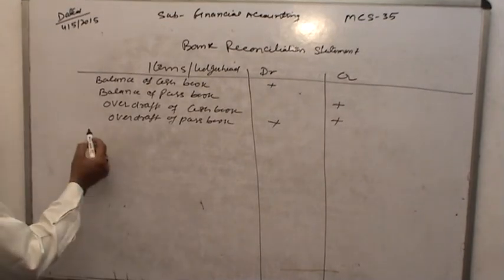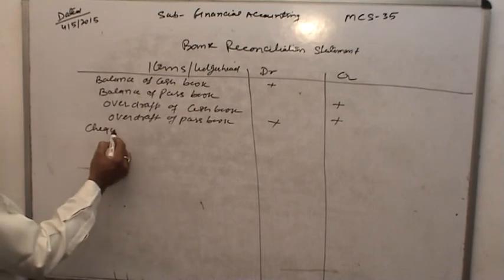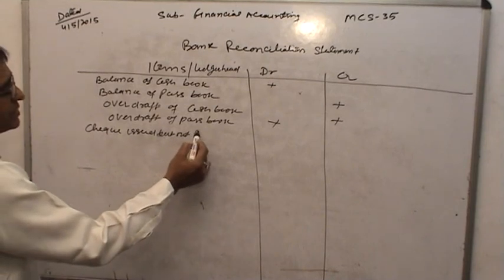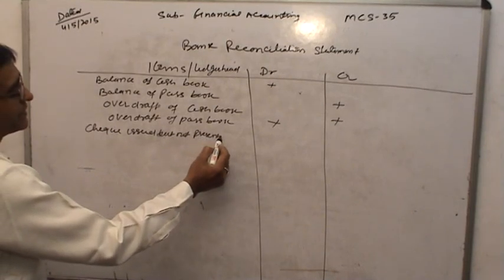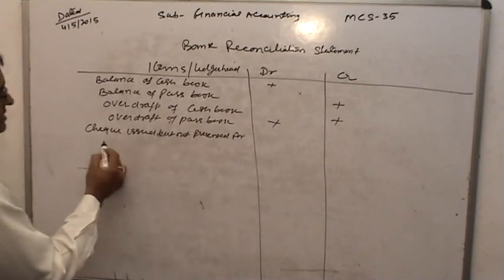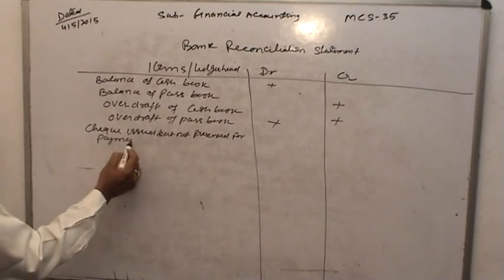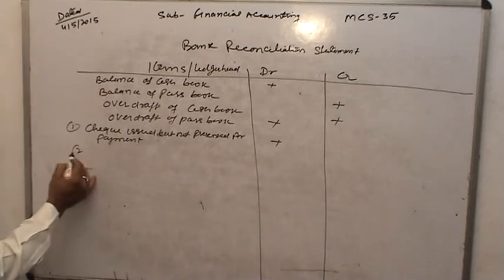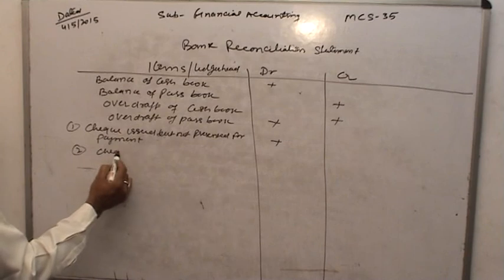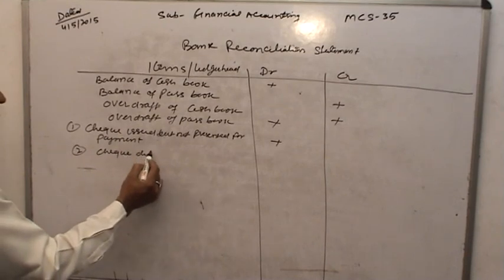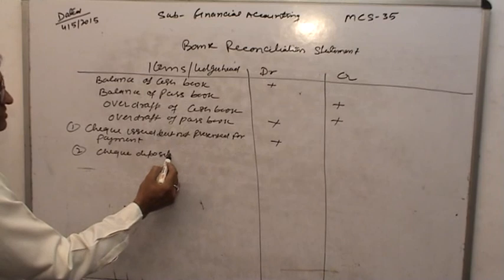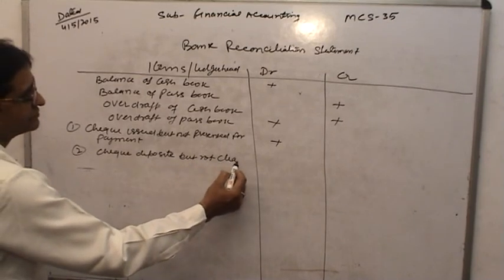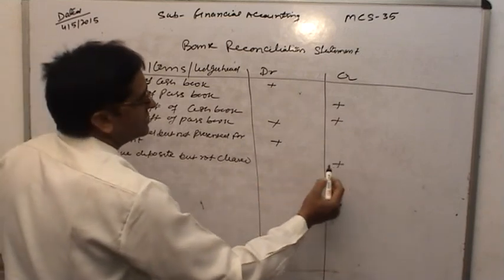So the first entry, check issued but not presented for payment, is always written on the debit side here. Then second, check deposit but not cleared, is always credited.